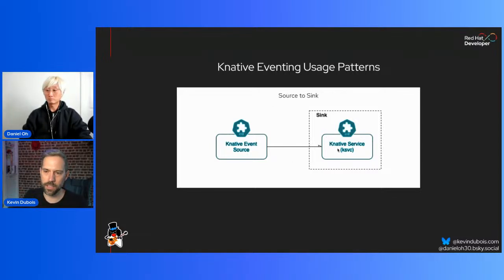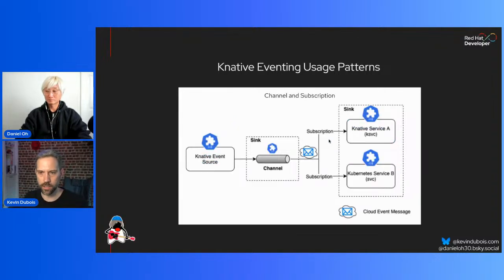So here's an example, a very simple usage pattern of Knative eventing. You can see there's an event, and then our service that we deployed, which could be a function or a regular microservice served by Knative, is going to receive that event and then scale accordingly. But it can be a little more advanced too, right? Here we have an event source that goes through a Knative channel.